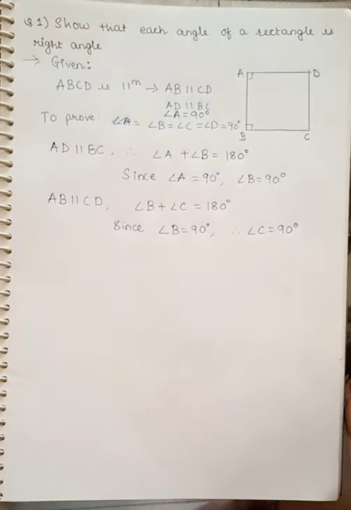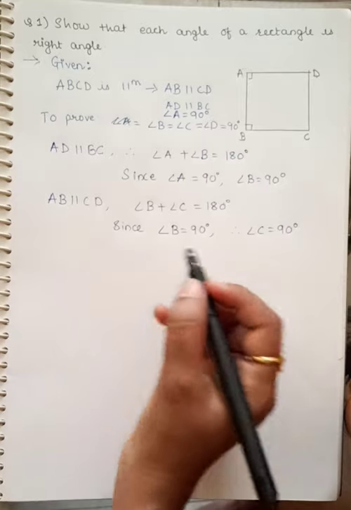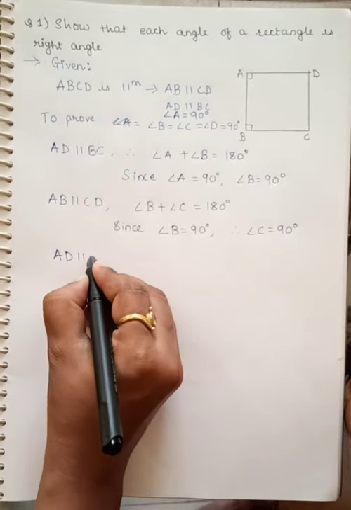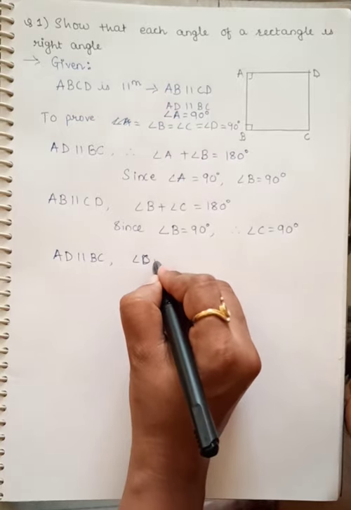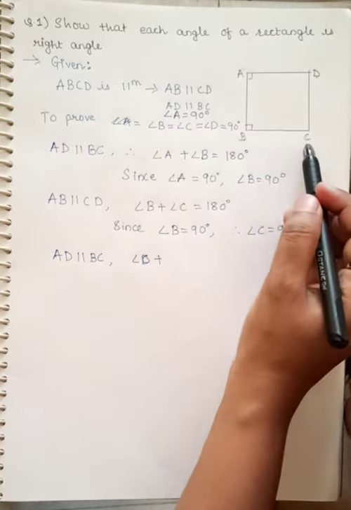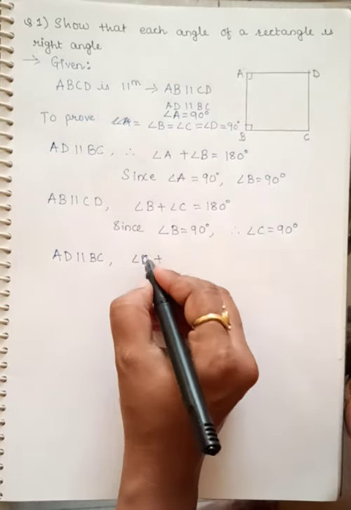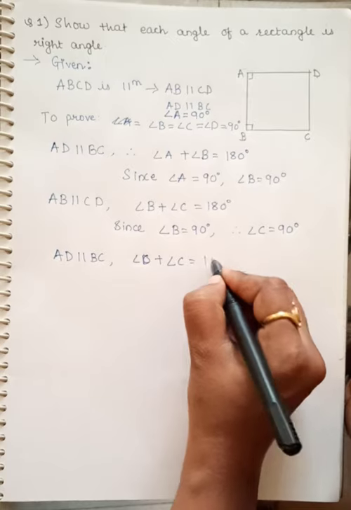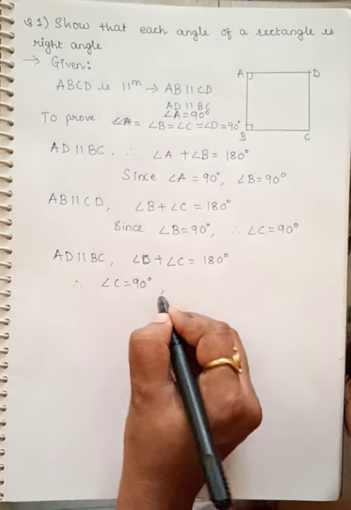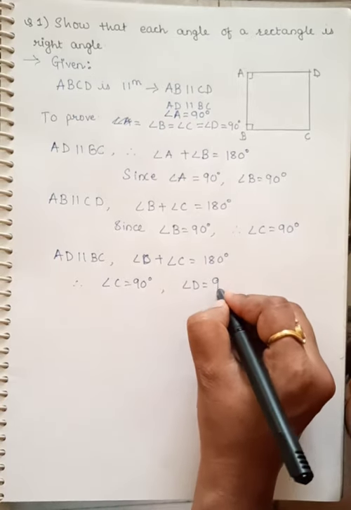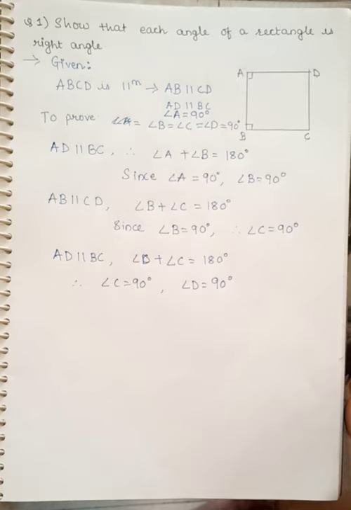Okay, lastly we can say again AD is parallel to BC, isn't it? So taking AD parallel to BC, angle D plus angle C is equal to 180 degree, and since angle C is 90, just now we have seen, I can write angle D as also 90 degree. Okay, so as you can see I have proved all the four angles to be 90 degree, and hence the proof that each angle of a rectangle is a right angle.